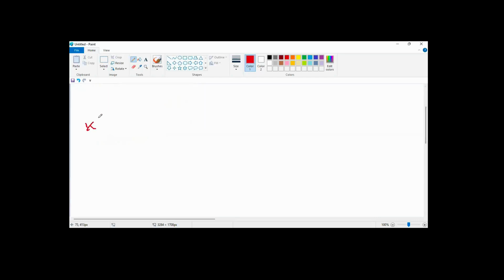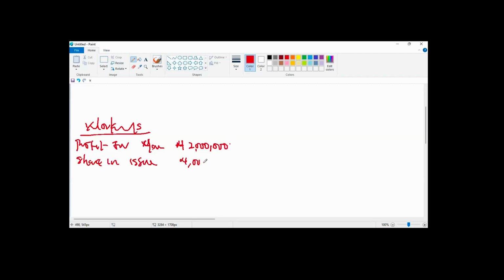So I'll now do my workings. Profit for the year is 2 million. On 1st January 2015, ISCO had 4 million shares in issue.